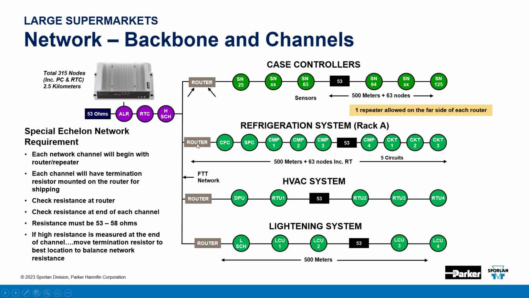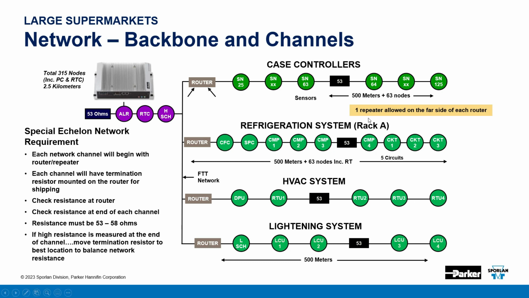Refrigeration rack A, again, start it with a router and connect all of the devices together. And you could have rack A, rack B, rack C, rack D, however many racks the facility or store has contained within. Your HVAC system could be put on a channel, and your lighting system can be put on a channel.